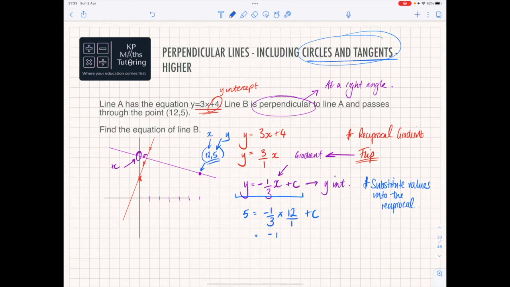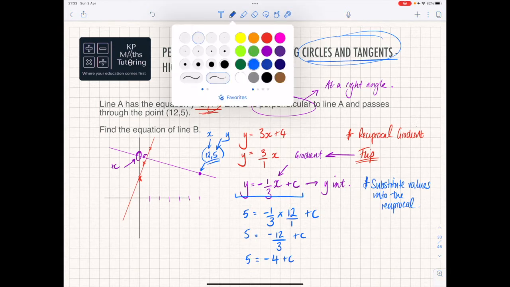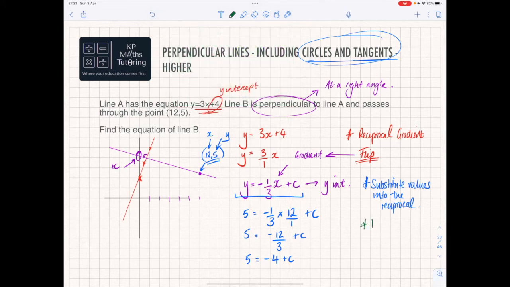So that just becomes minus 12 over 3 plus c is 5. Now, that's an improper fraction. So how many times does 3 go into 12? Well, it's 4. So that actually becomes minus 4. So 5 is equal to minus 4 plus c. And now you're in a position where we need to isolate c.